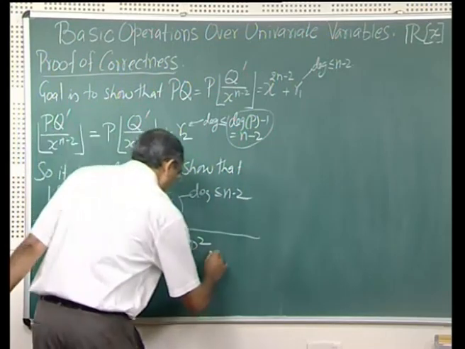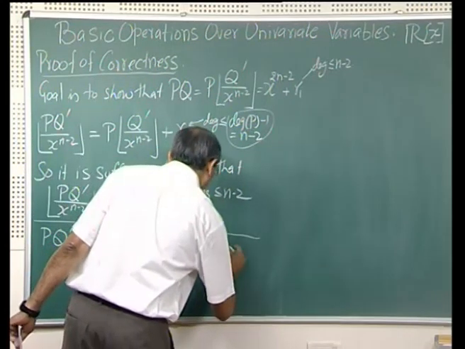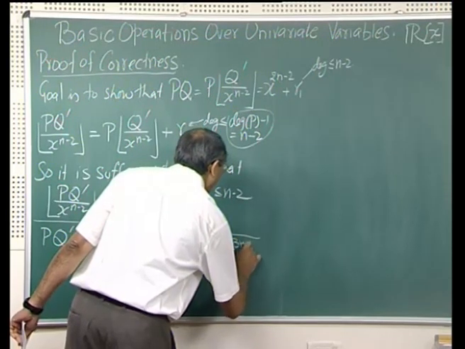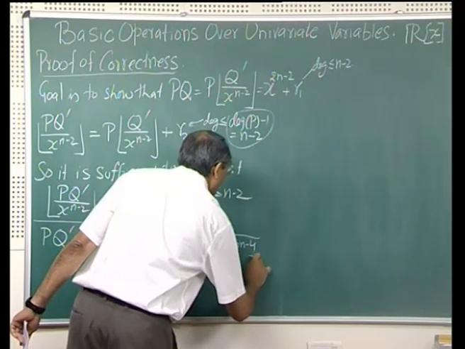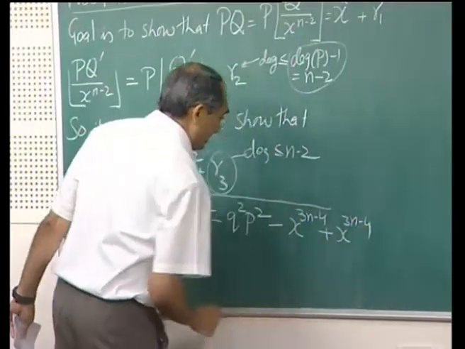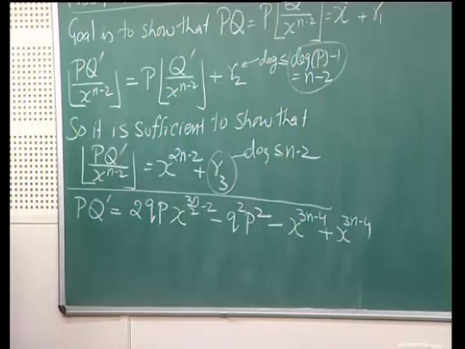So, we will add x to the power 3n minus 4 and subtract. So, we have added and subtracted this term.